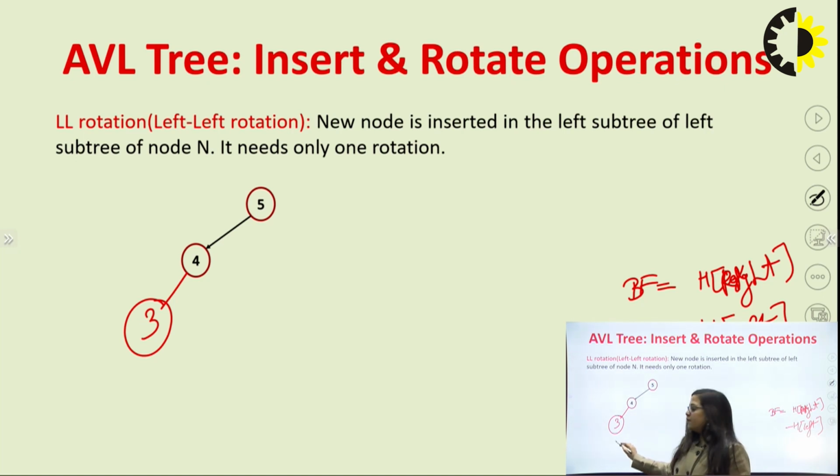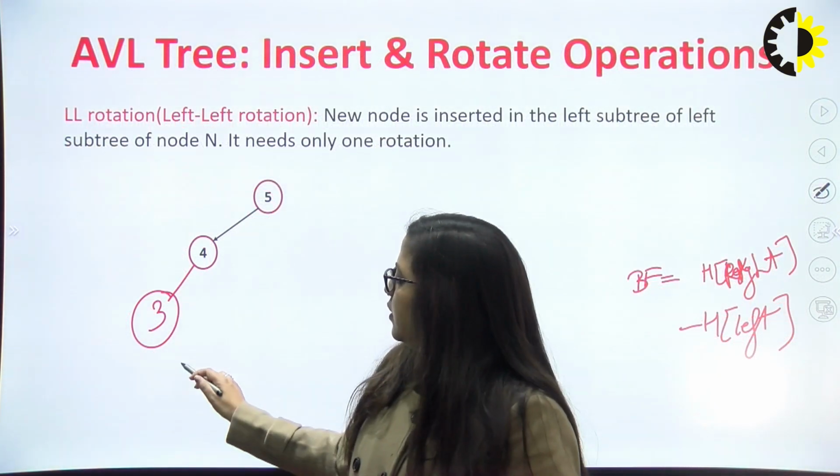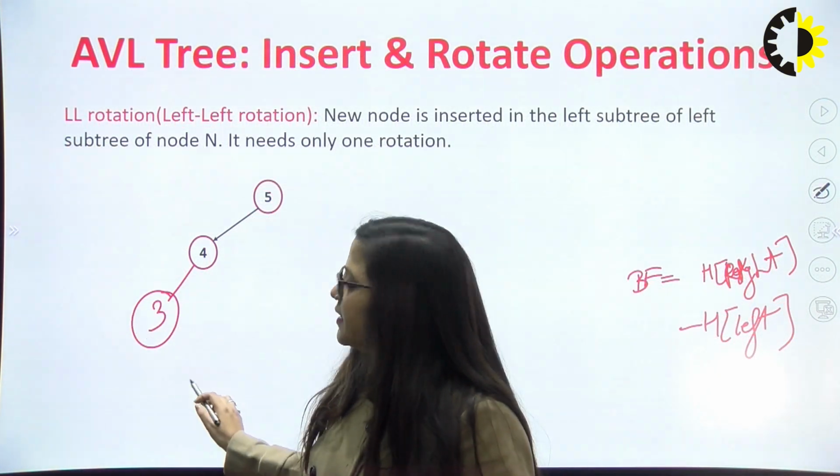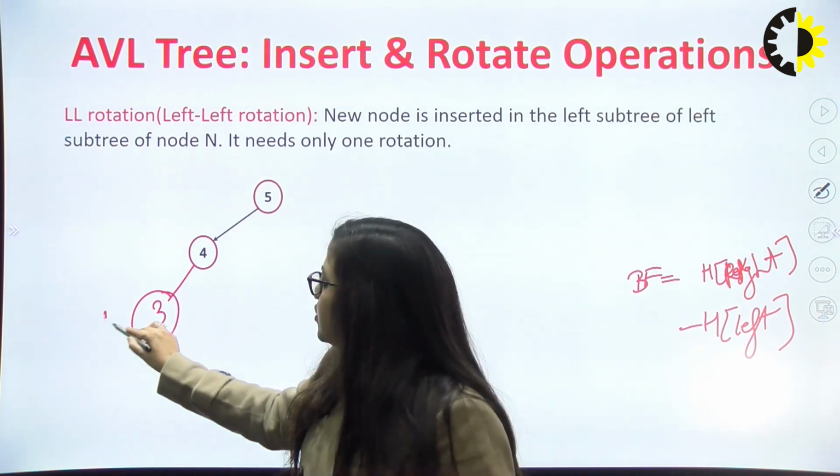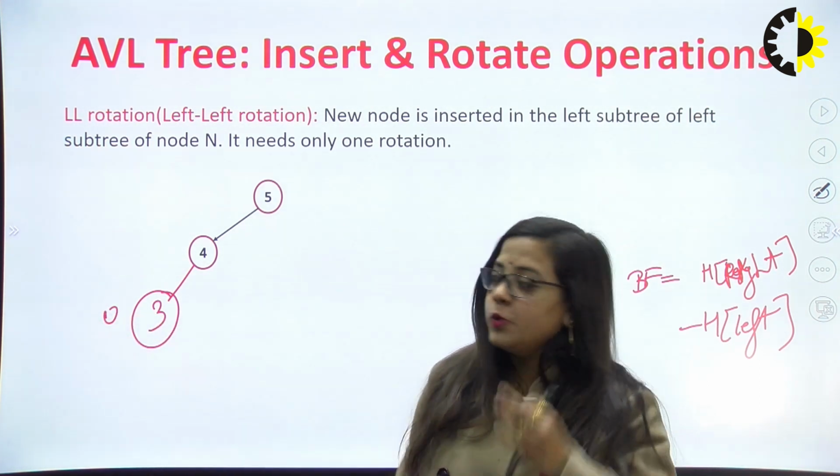Let's suppose we start here. There is no child here, so the balance factor is right minus left, 0 minus 0 equals 0. So the balance factor is 0. No need to change.